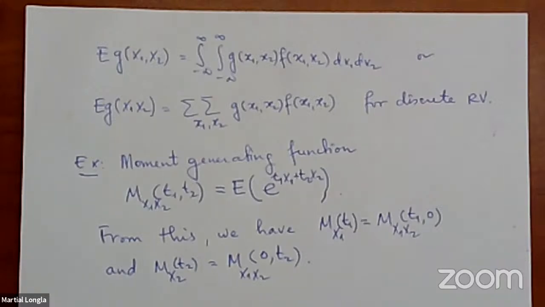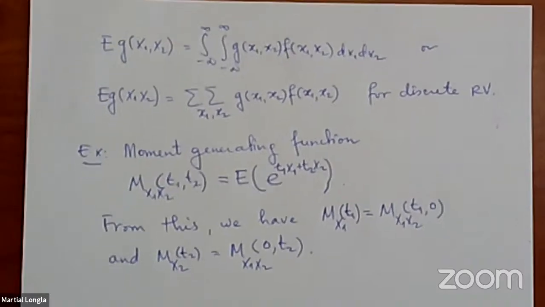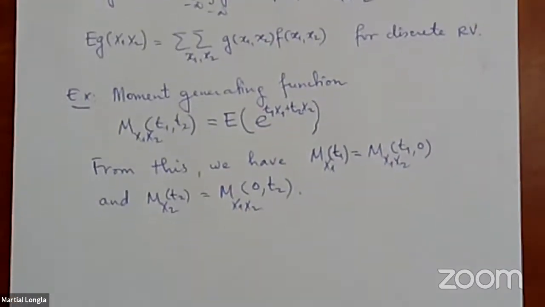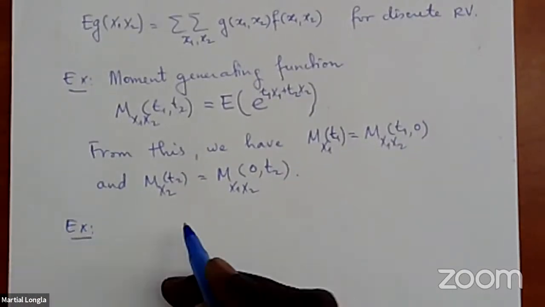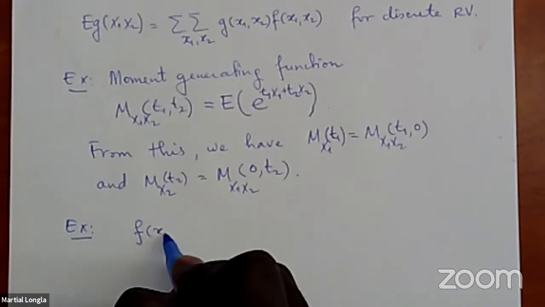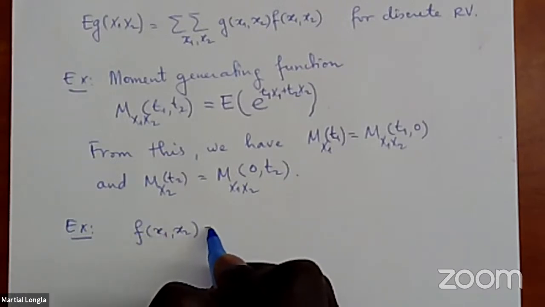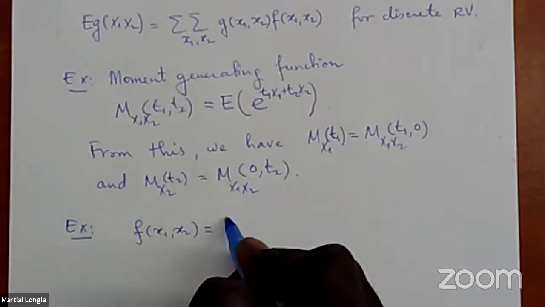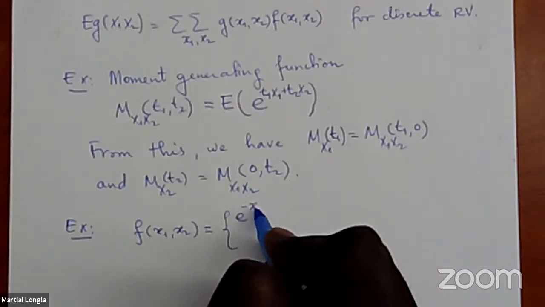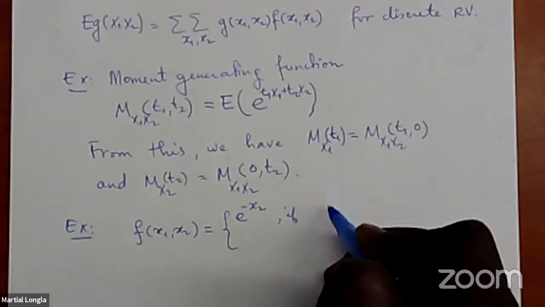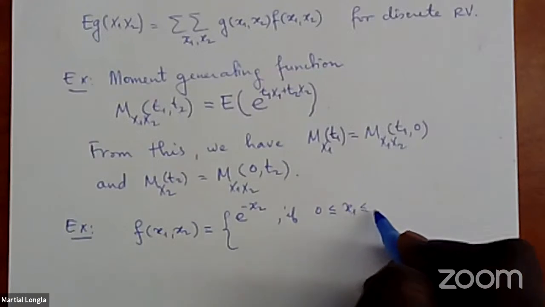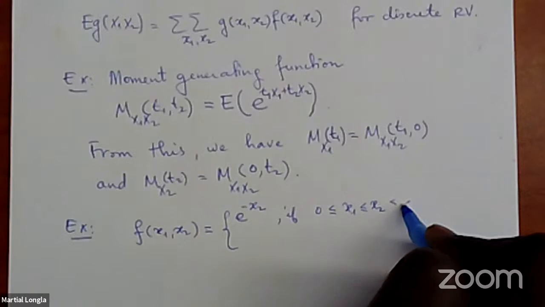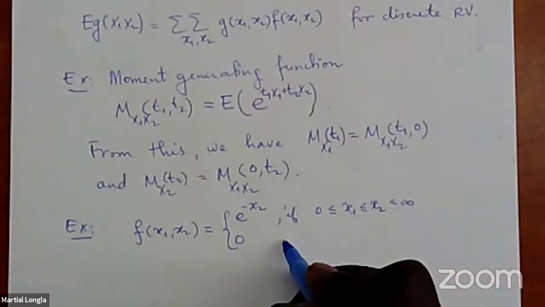Let's work out an example with these expectations and the moment generating function. So we have the joint distribution f of x1, x2 equals e to the negative x2 if 0 is less than or equal to x1 less than or equal to x2 less than infinity, and 0 elsewhere.